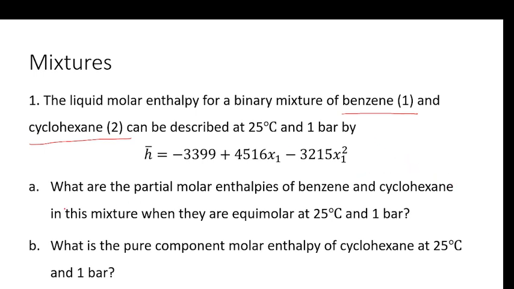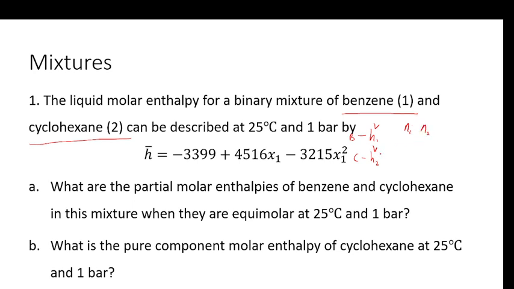In the first part of the question we are asked for the partial molar enthalpies of benzene and cyclohexane in the mixture when they are equimolar at 25 degrees Celsius and 1 bar. So we are looking for H1 and H2 for benzene and cyclohexane. Remember we said the partial molar property depends on the number of moles of the species present.